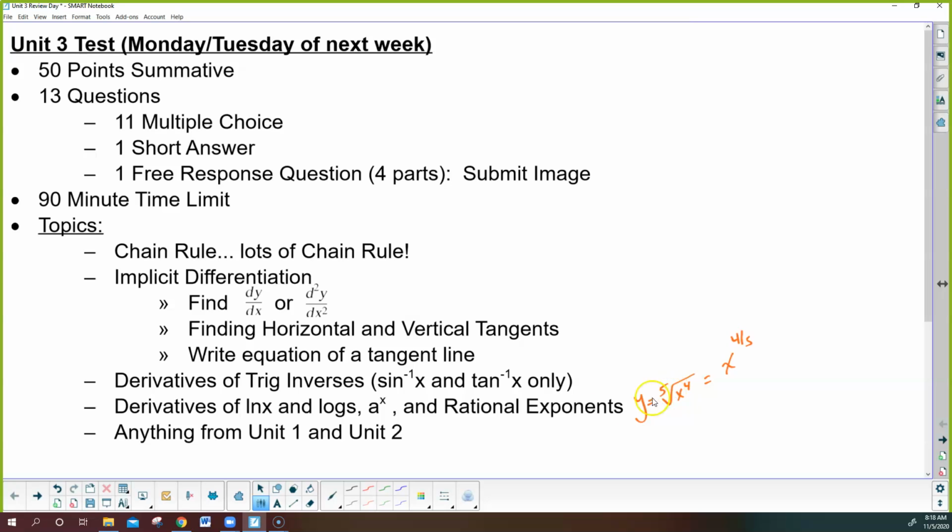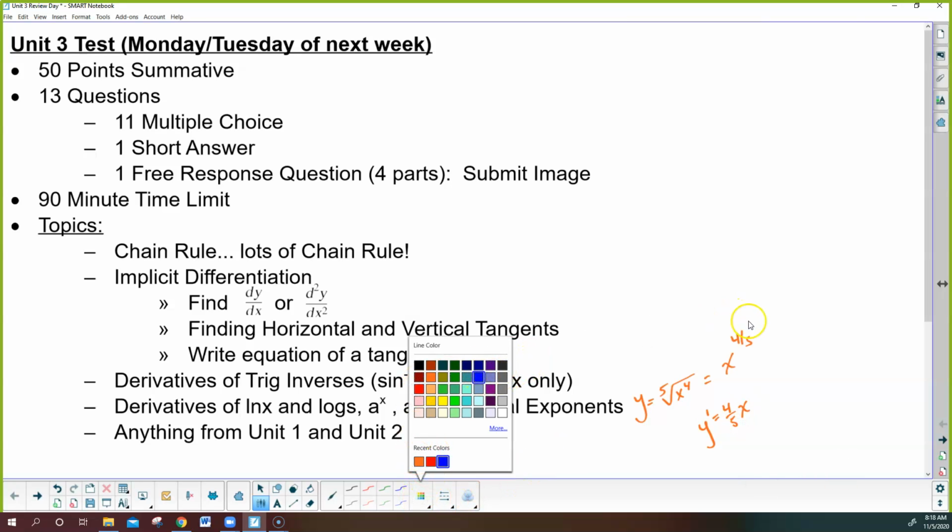So you're taking the radical exponent and turning it into a rational exponent, because now you're able to do the power rule, and the derivative is pretty quick. The 4/5 comes down in front, and then we end up subtracting 1 from the top, but that's 5 over 5. So I get negative 1/5, and that could be my answer right there.